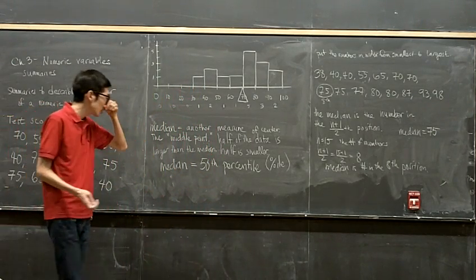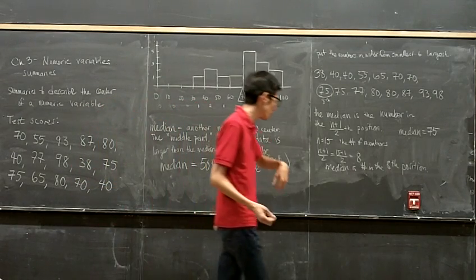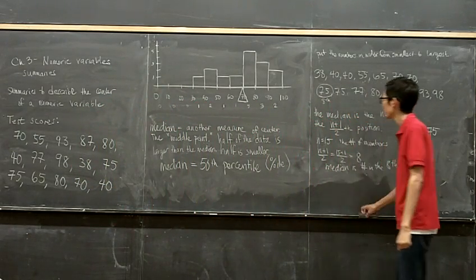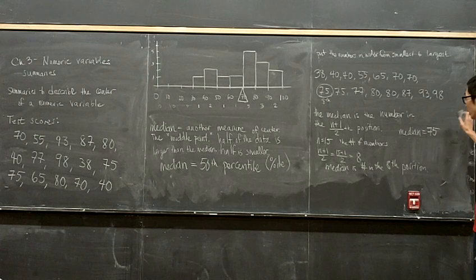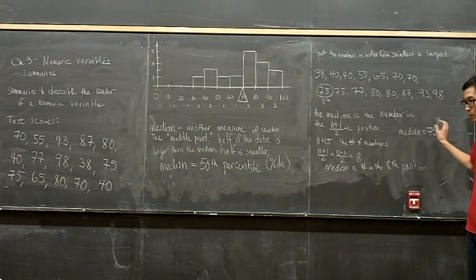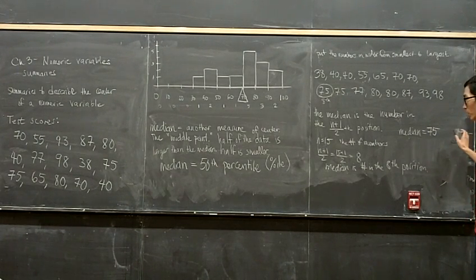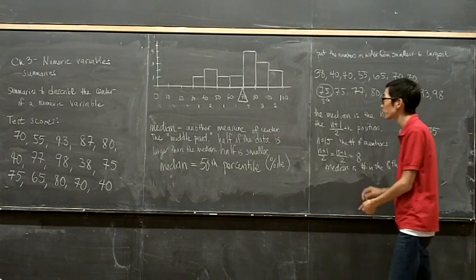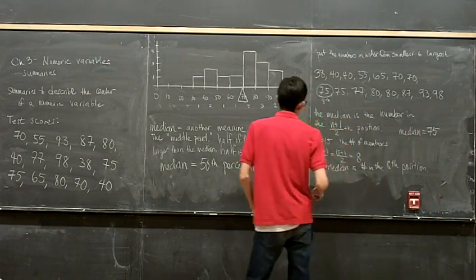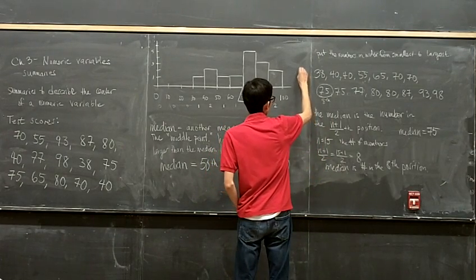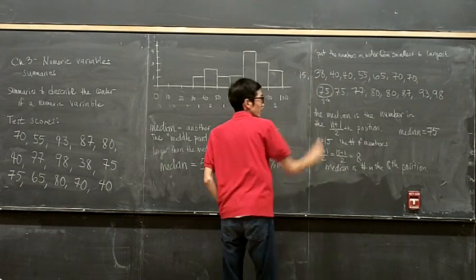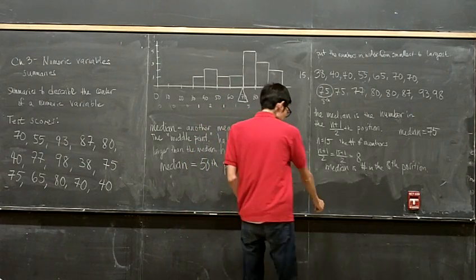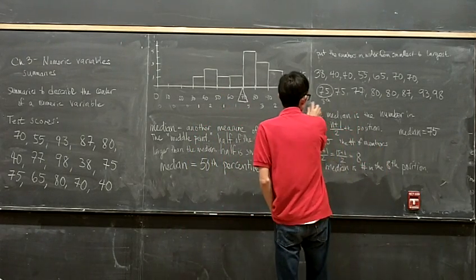Okay, so let's say this is our data set, okay? So let's say somebody else comes along and joins the class and takes a test, okay? And let's say that person scored really poorly, and that person scored 15 on the test, okay? What is the median of my data set here?